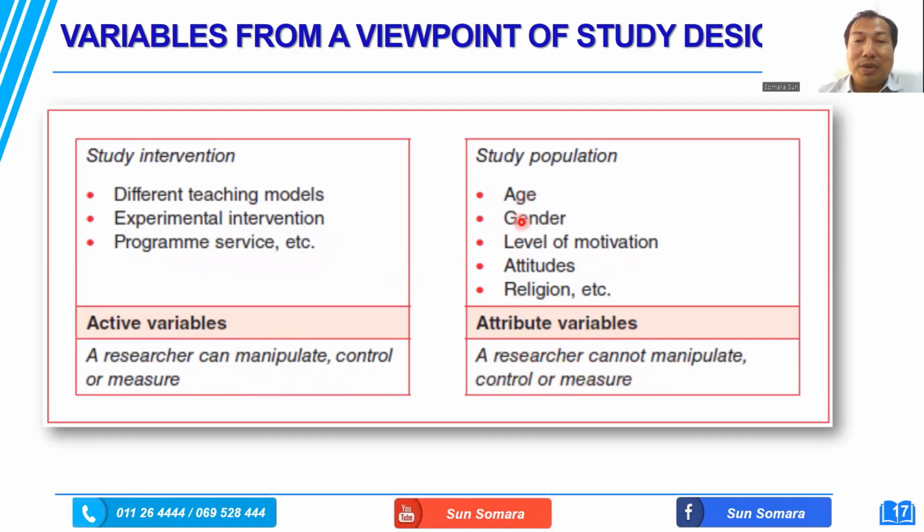You cannot change the age here, it's still the same, right? Gender and so on. But this one can be changed. So this one we call the active variable, and this one we call the attribute variable, right?